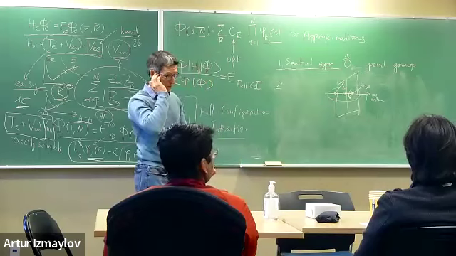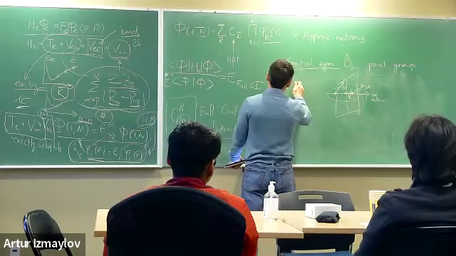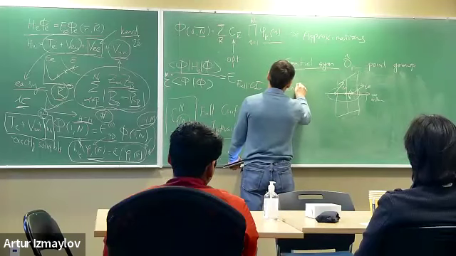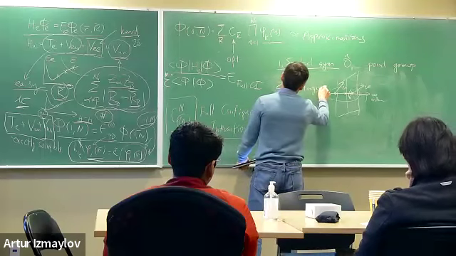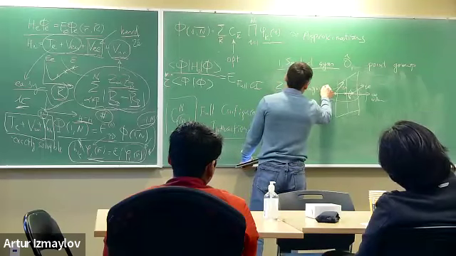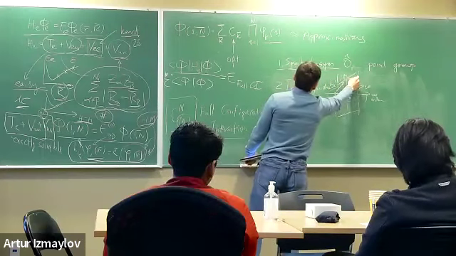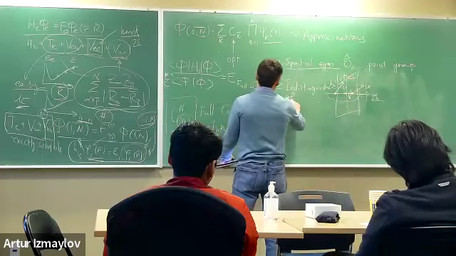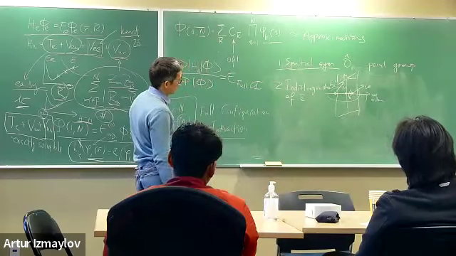Electron indistinguishability. So the fermionic nature, the indistinguishability of electrons. What is that?